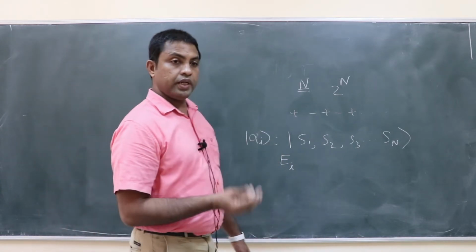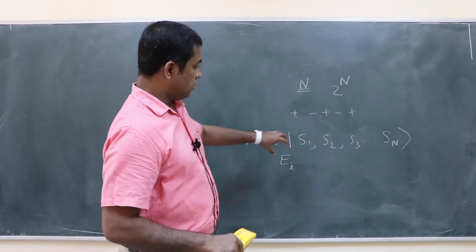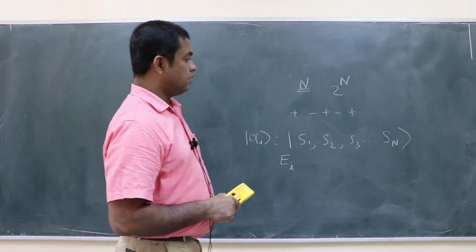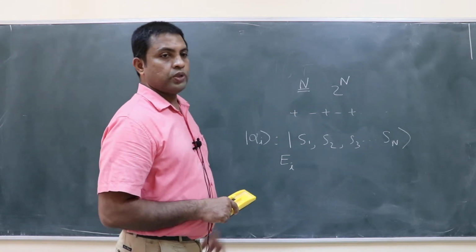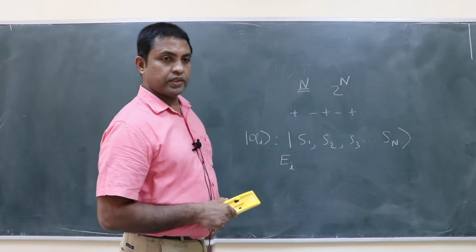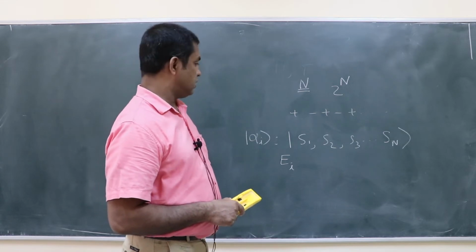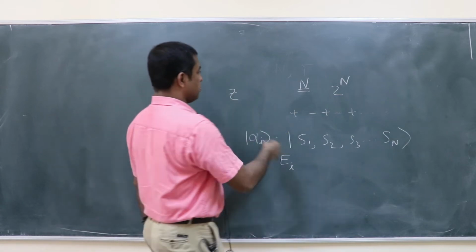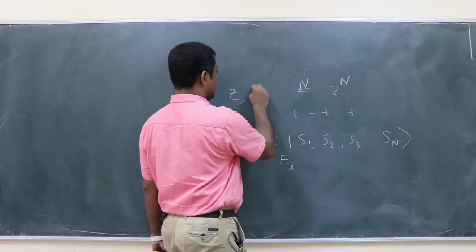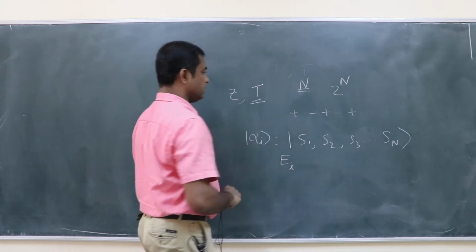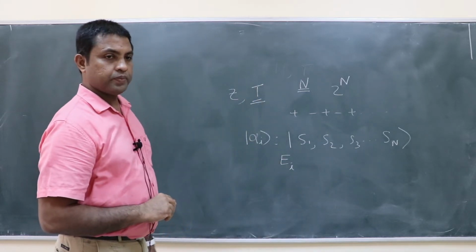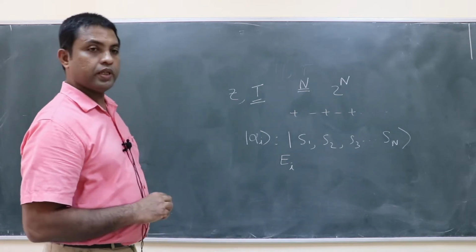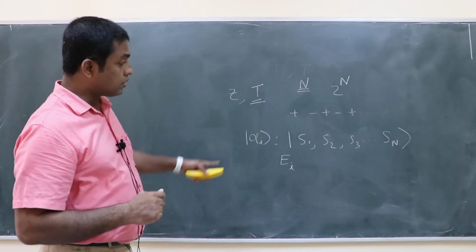So what is the probability to get that, because this is basically a statistical system. You can now write down the partition function. If Z is the partition function and the system is in an environment with a temperature T, and the energy is EI, what will be the probability for such a configuration?